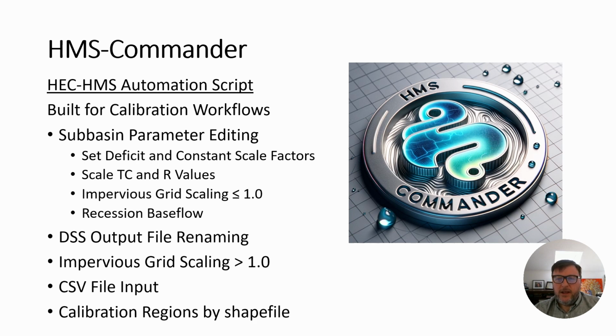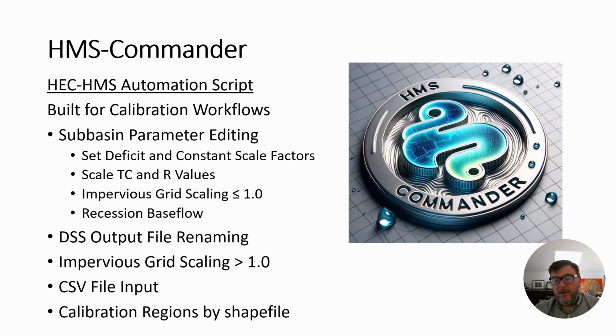So instead of trying to use the internal tools in HMS, we built a script that would run everything and do it externally. The basic steps of our workflows are sub-basin parameter editing, setting all of our deficit and constant scale factors, scaling our TC and R values, scaling our impervious grids above 1.0, which is something that needs to be done externally, as well as changing our recession baseflow factors.